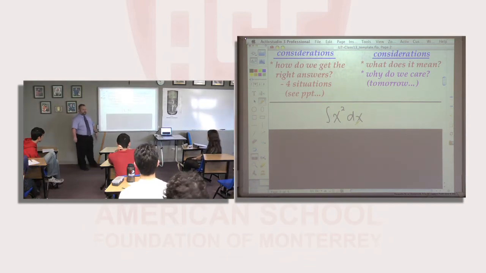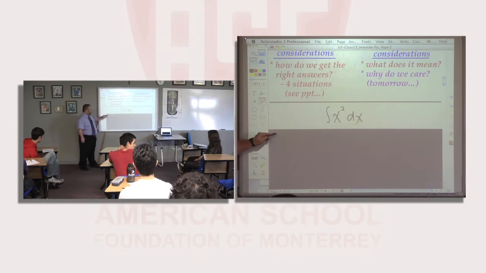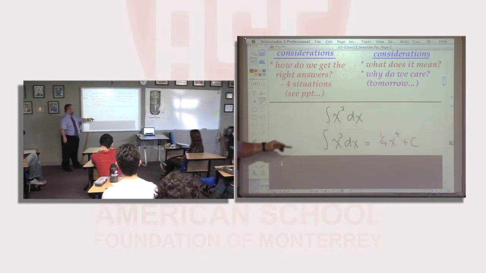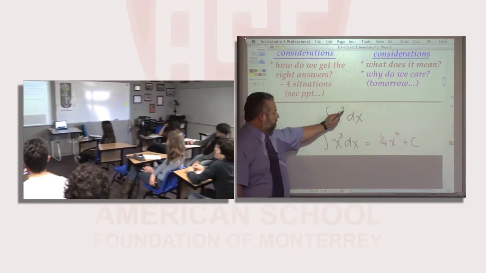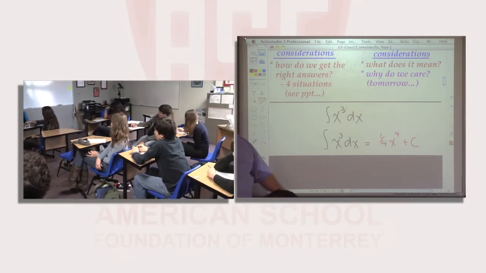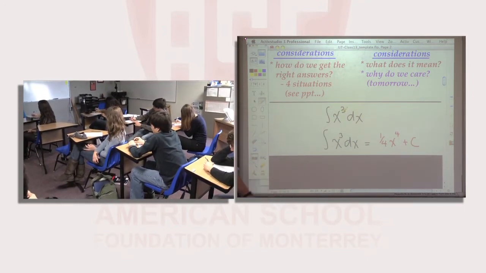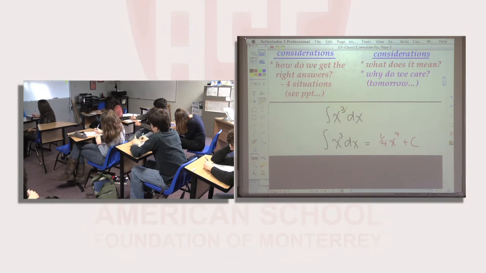Danielle, what'd you get? 1/3 x cubed plus c. Sorry, I lied. It was x cubed. So it's going to be 1/4 x to the 4th plus c. Same deal, yes? Okay. Everybody okay with that?